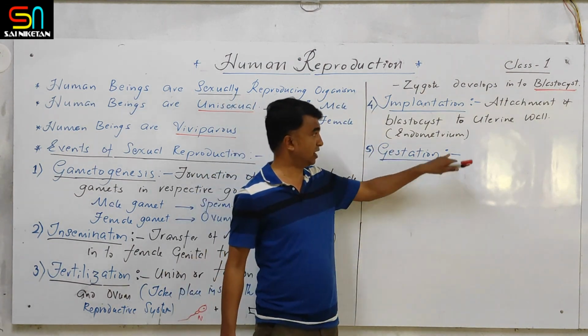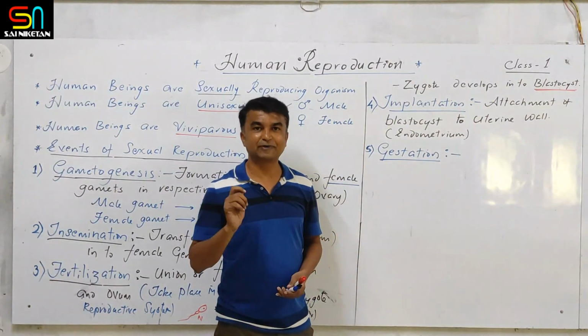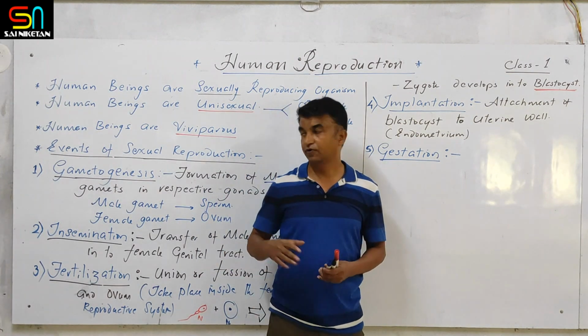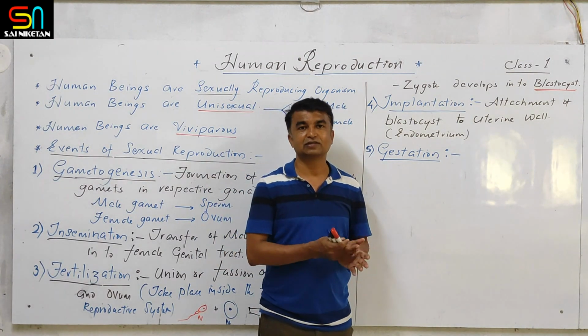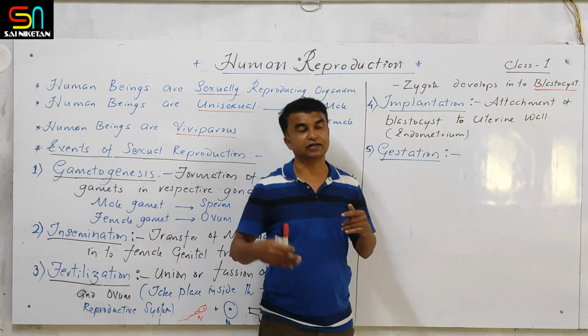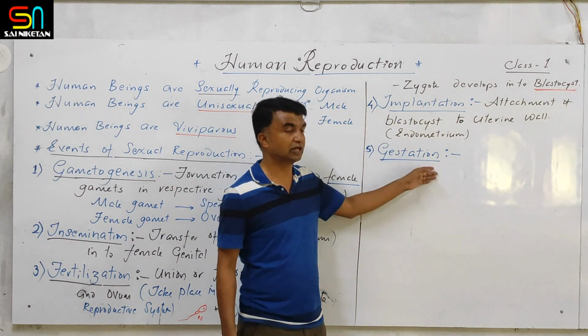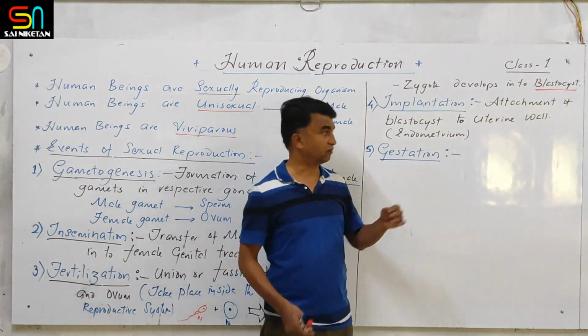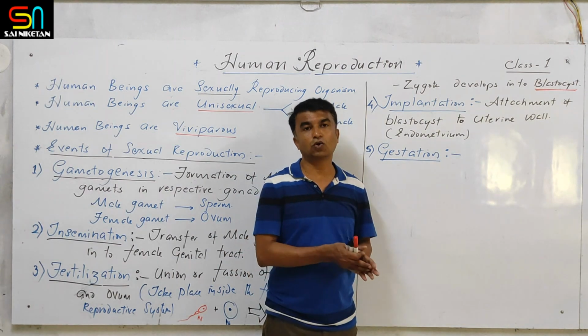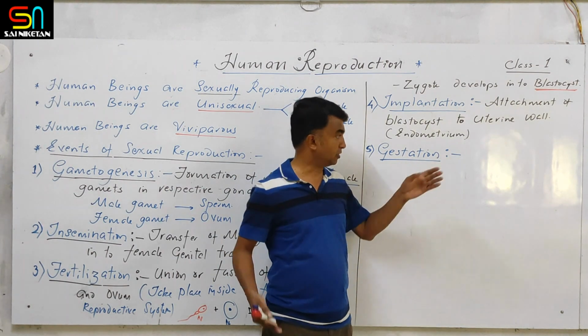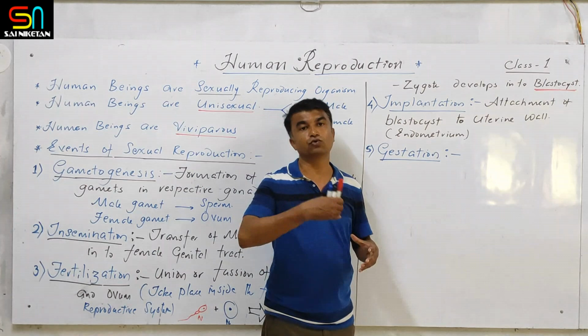Once the blastocyst is attached to the uterine wall, for a specific period, for example in human beings, specifically 9 months, 9 days, gestation takes place, that is nothing but the pregnancy. During that, the blastocyst undergoes embryonic development and gradually develops into an embryo.